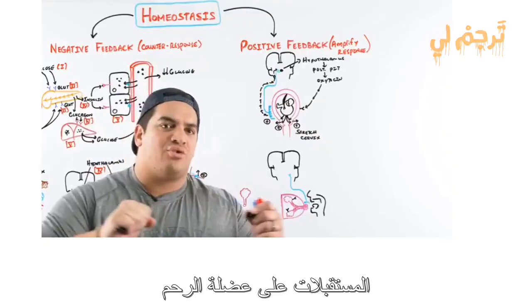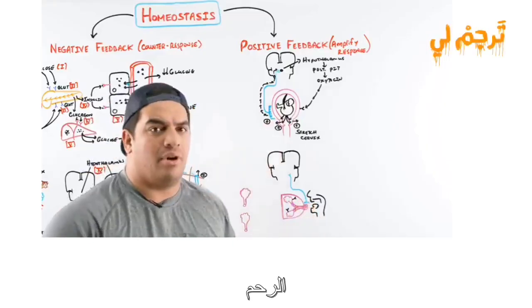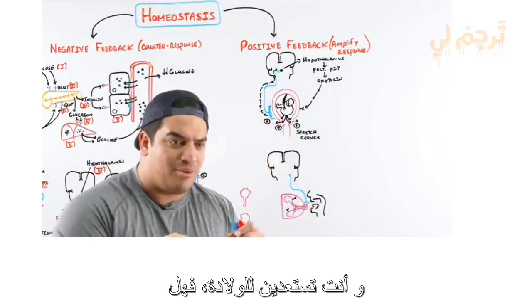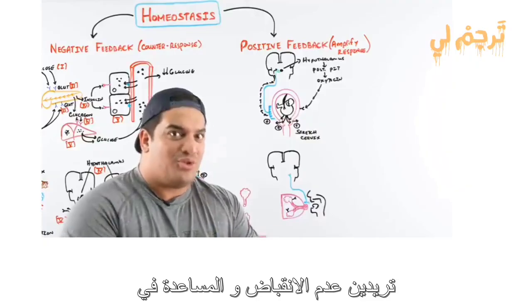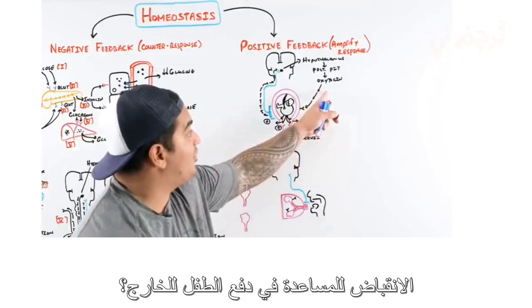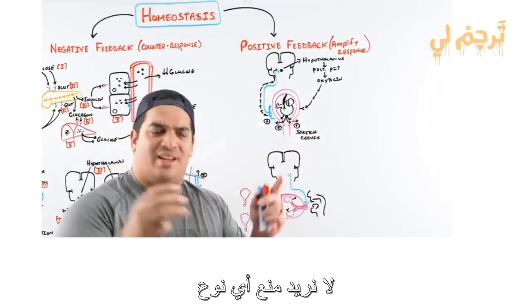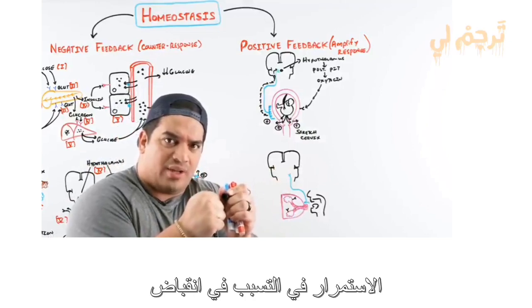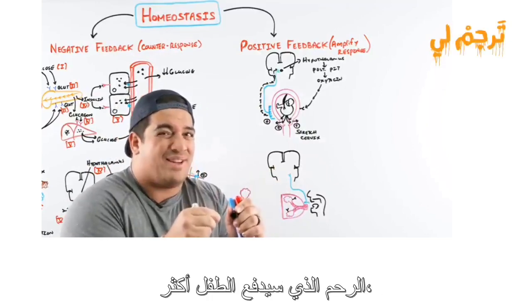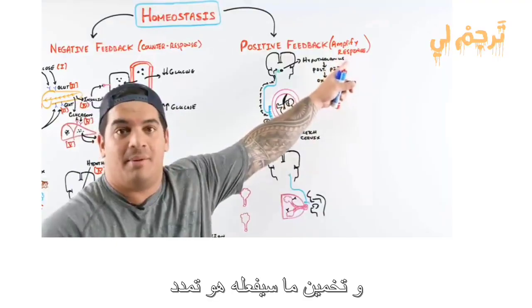Now, if a baby is stretching the cervix and you're getting ready to have birth, would you want to not contract, or would you want to contract to help push the baby out? That's the goal, right? We actually want to continue to cause contraction of the uterus that'll push the baby further. And guess what it's going to do? Stretch the cervix even more. That's amplifying the response.